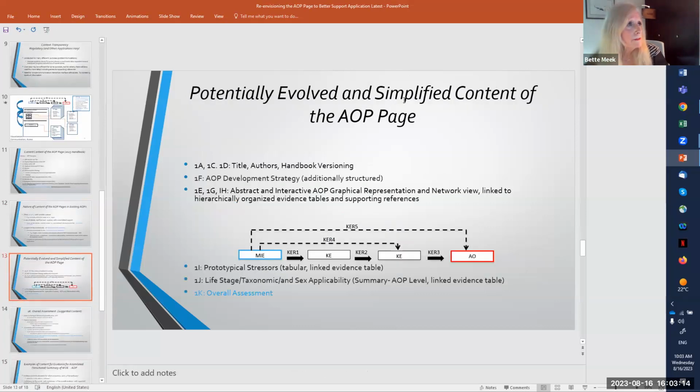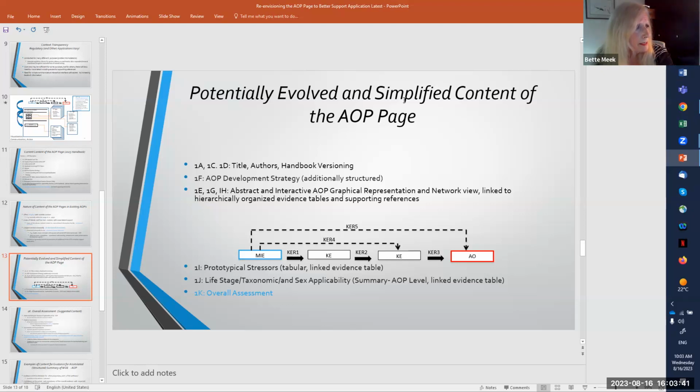So you can envisage potentially evolved and simplified content of the AOP page. You can introduce the factual information as it is now. And in terms of having the summary information on the AOP, you would want the abstract and interactive graphical representation and network view linked to the hierarchically organized evidence tables and supporting references.